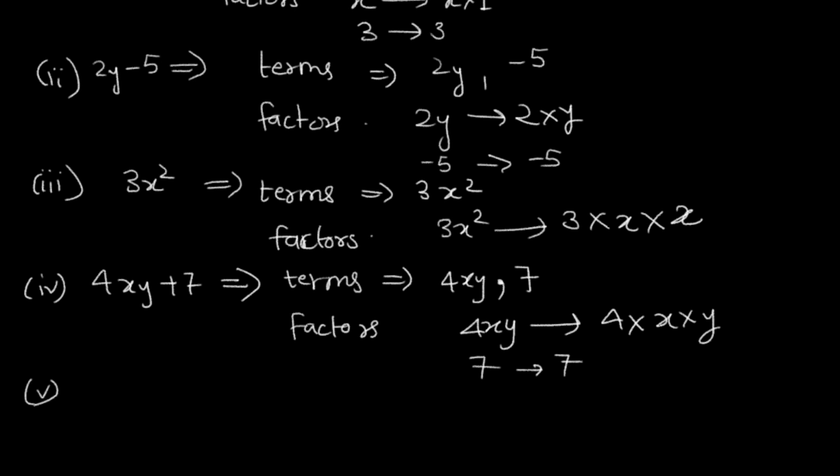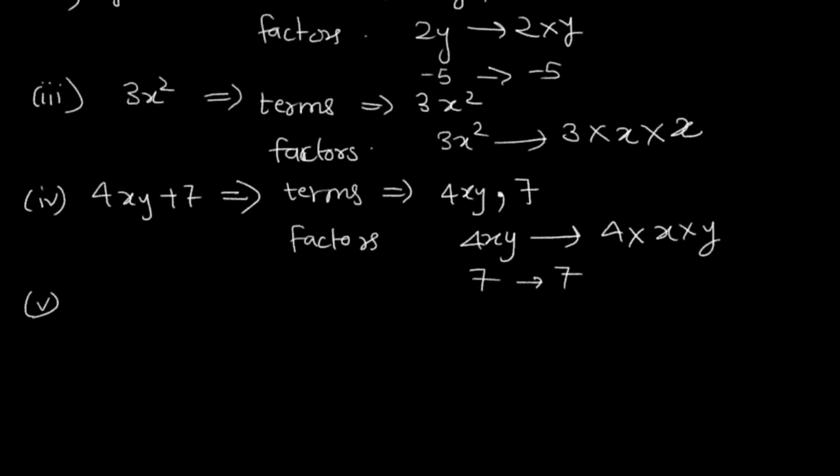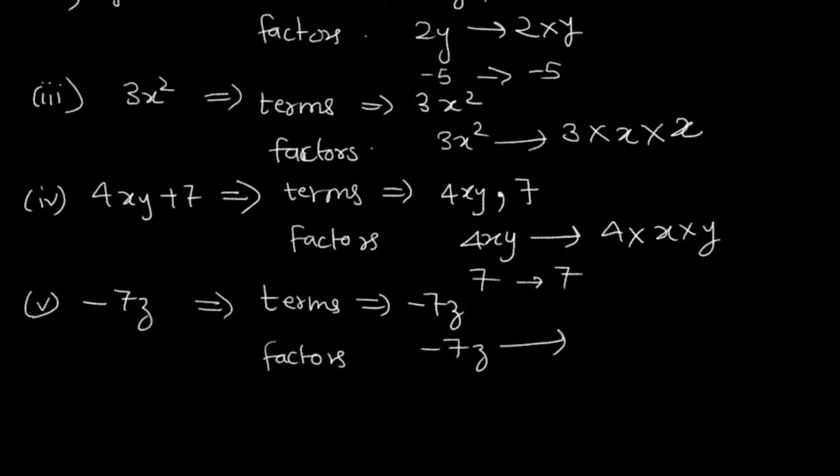Next question is minus 7z. Here also we can see only one term, so the term is minus 7z, and minus 7z can be written as minus 7 into z. What is the next problem?